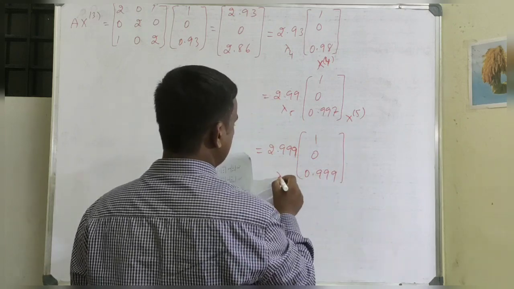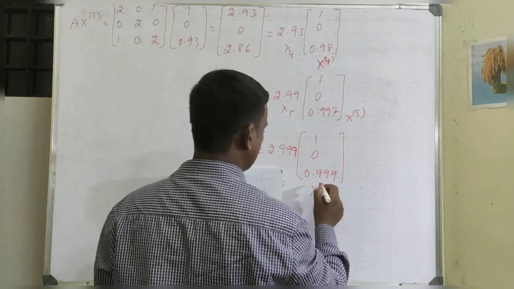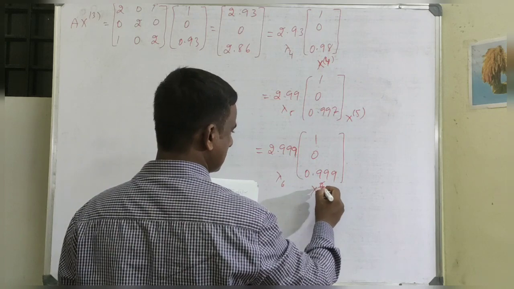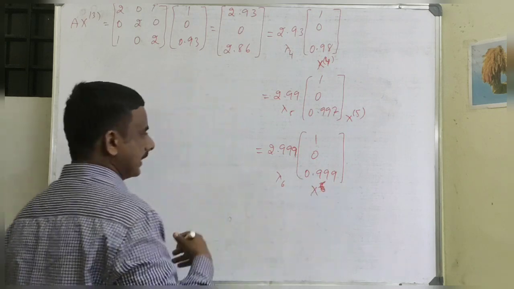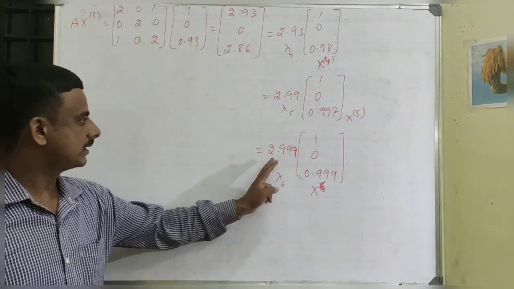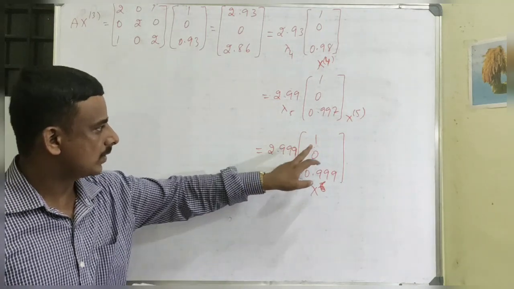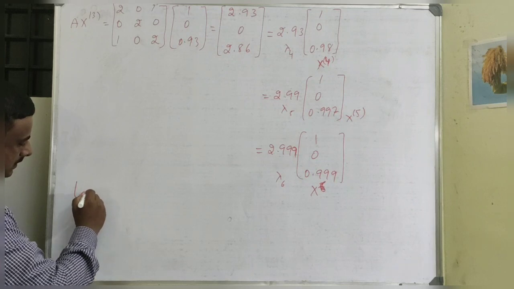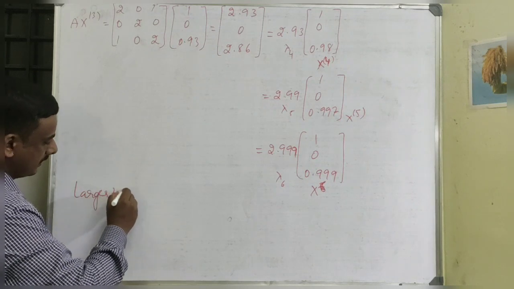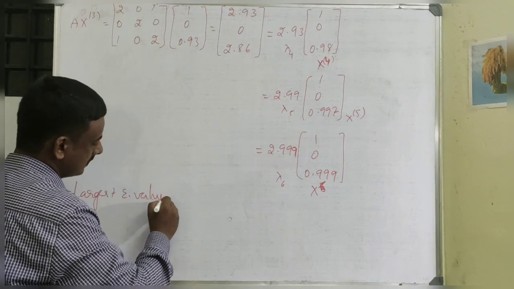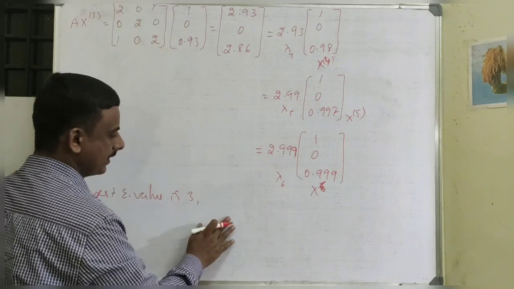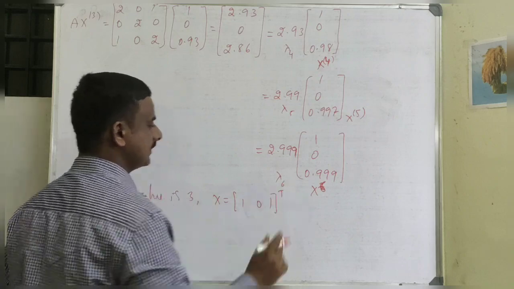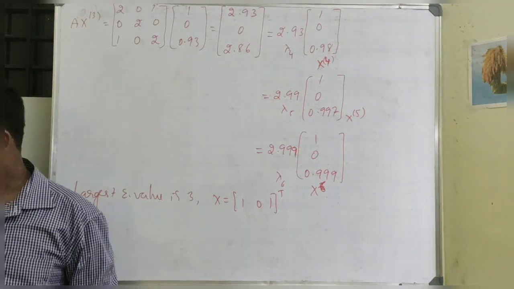So this is lambda 6 x6. Again, if you continue, you approximately get the value 3 and the vector 1, 0, 1. So the largest eigenvalue is 3 and the corresponding eigenvector x is 1, 0, 1. So that is the required solution.